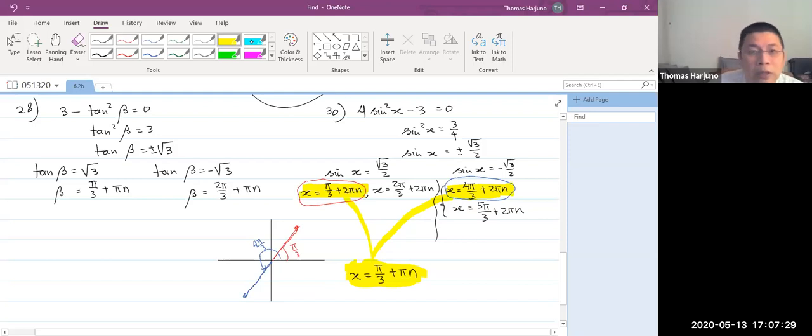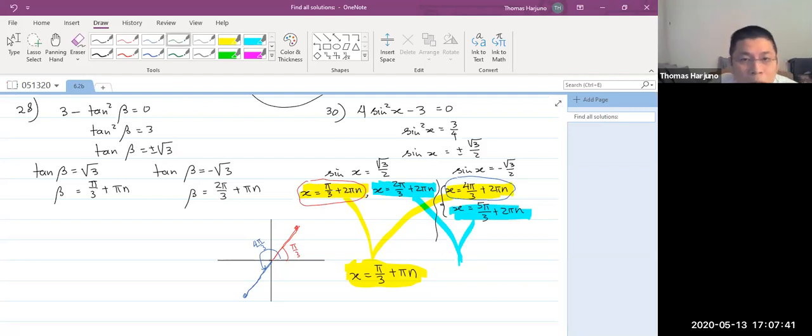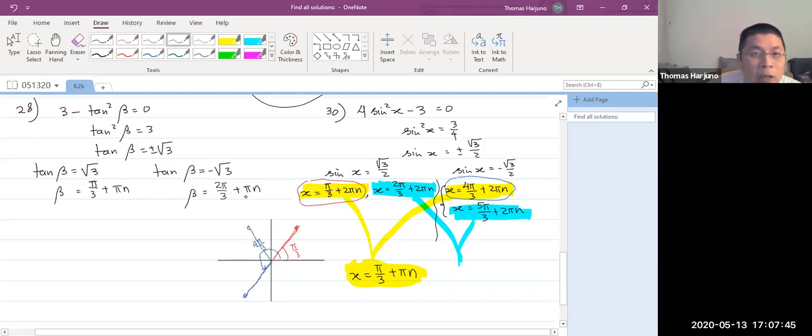Now you can see the one here, and this guy, I can condense that too. I can condense that to be the 2 pi over 3 and 5 pi over 3. This is the 2 pi over 3, and this is the 5 pi over 3.